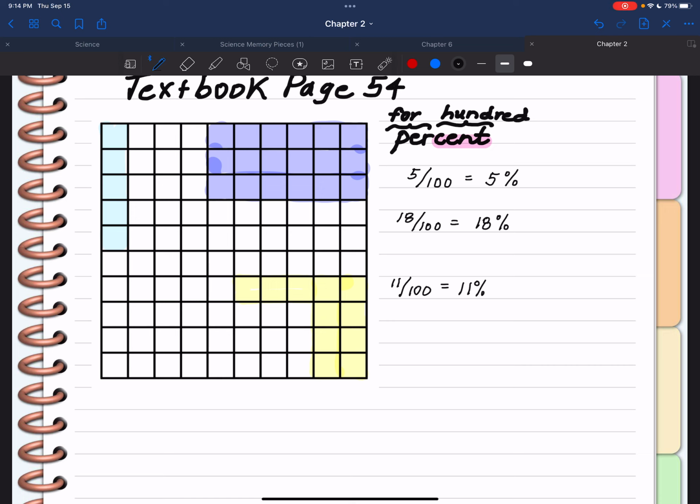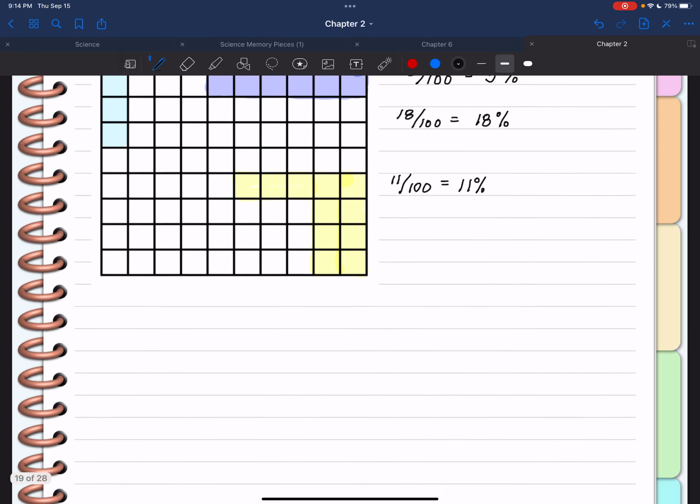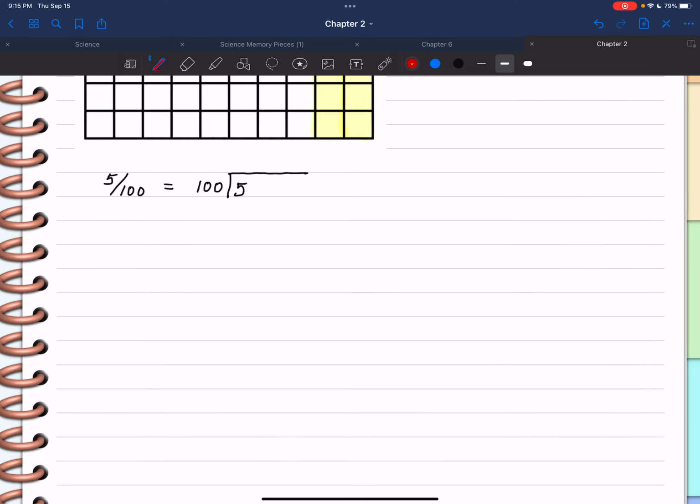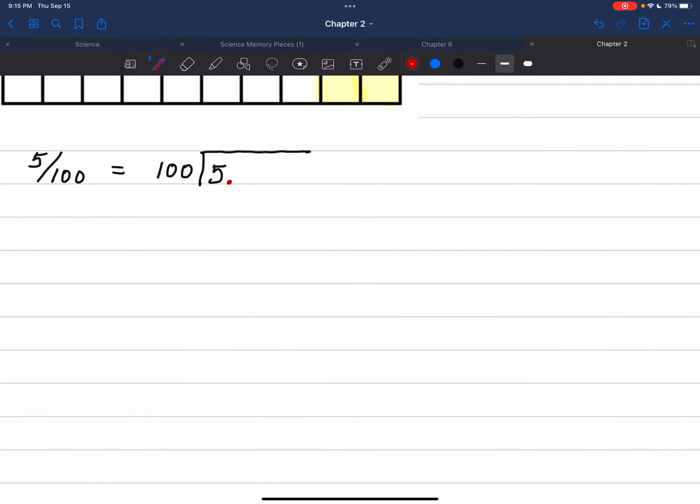Now, I want to show you how to convert your percents to decimals. So I'm going to start with that 5/100ths. So we have the fraction 5 over 100. That is the same as the division problem, 5 divided by 100. 5 is the dividend and 100 is the divisor. So to do this problem, you will have to add a decimal.